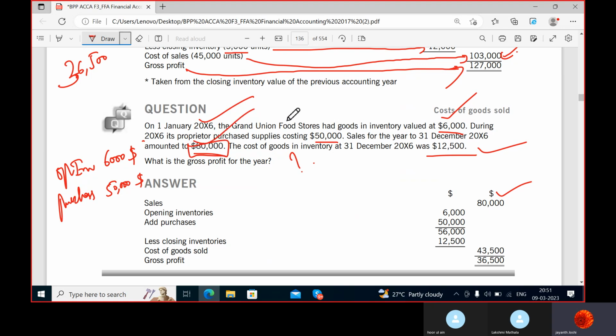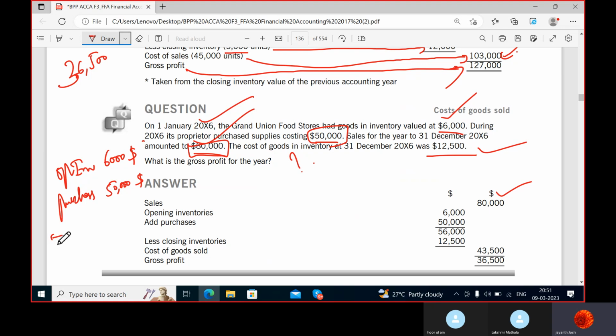That's a different matter. The cost is 50, selling price may be something else. They did not say any units here. They directly gave the dollar amounts. And what they are saying is the goods in the inventory is 12,500.